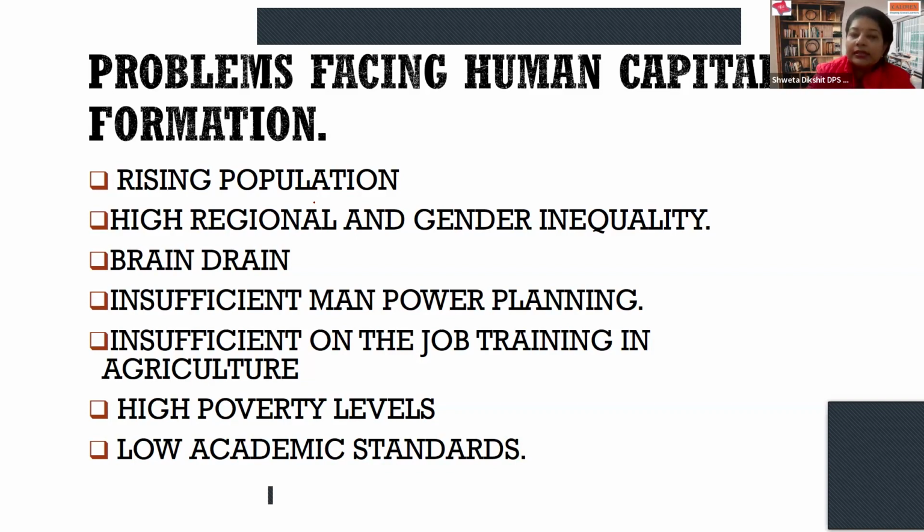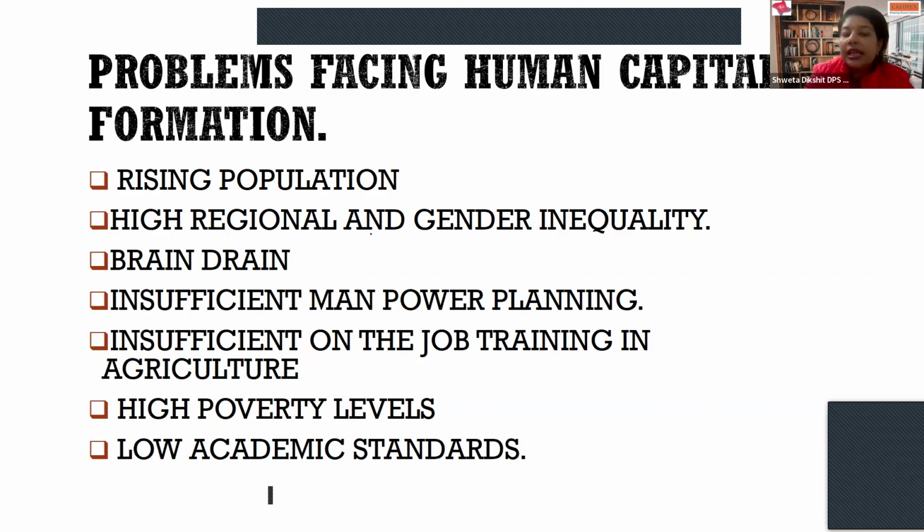When there is a rise in the population and the economy is not able to cope up with the demand and supply proportion, it's known as population explosion. So we are in a state of population explosion, where we are not able to fulfill the supplies as per the demand of the population.